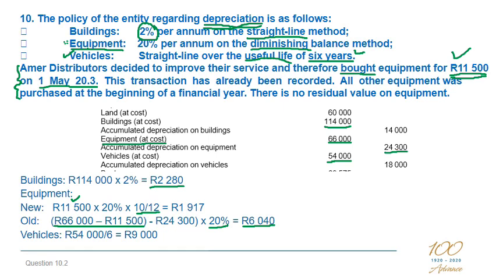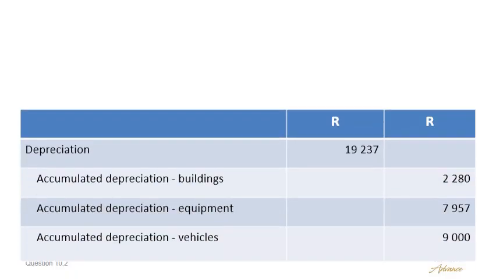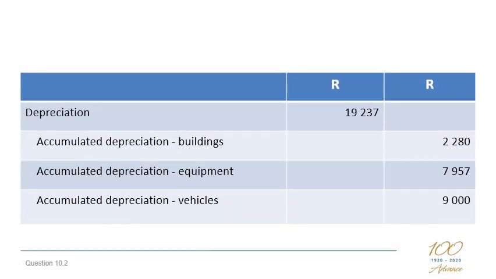If we now account for this, remember this is the mathematics. We're busy with accounting. I will debit depreciation, credit accumulated depreciation for each type of asset. So you need to give a surname.